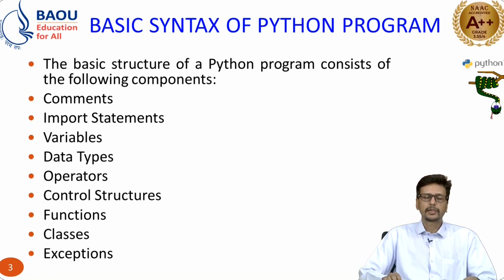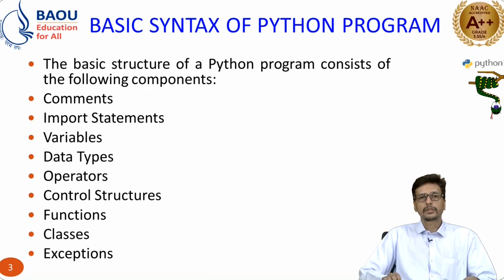Multiple data types are supported in the Python environment, and we will also see in detail each and every data type and how they are used. Then operators. Multiple operators are supported, just like in other programming languages: conditional operators, arithmetic operators, relational operators. All these operators we can see in the Python program.